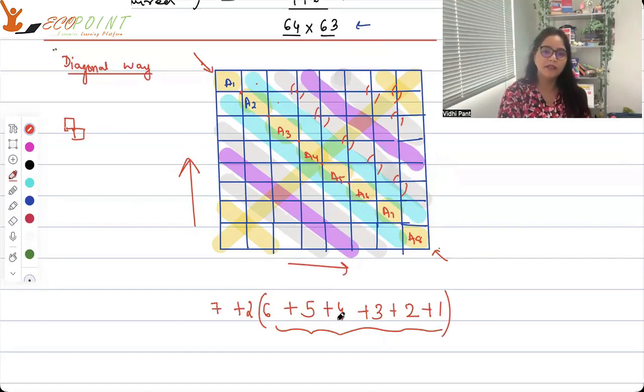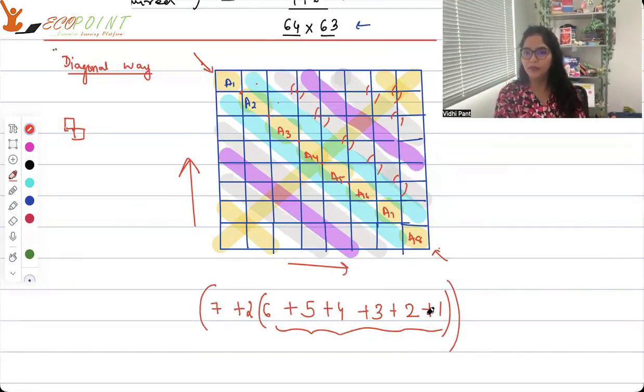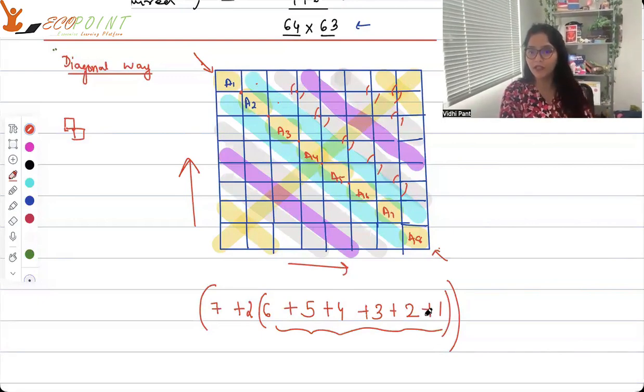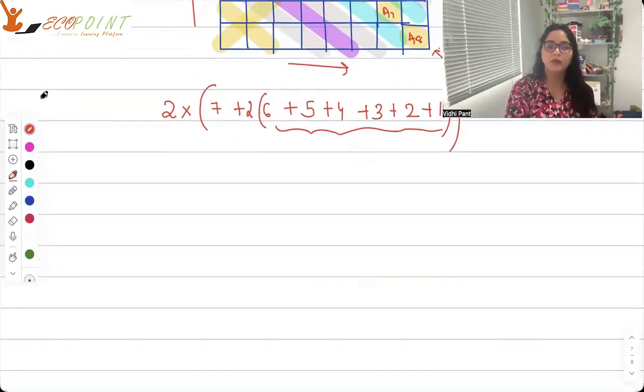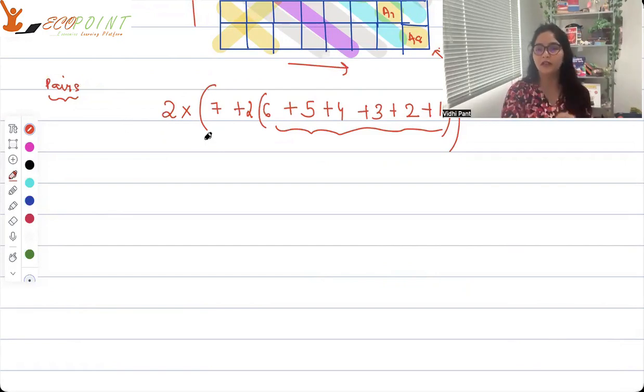Can you see that it's a replica only? The same scenario will happen in terms of the number of pairs that get generated. So you have in total twice of these many pairs.